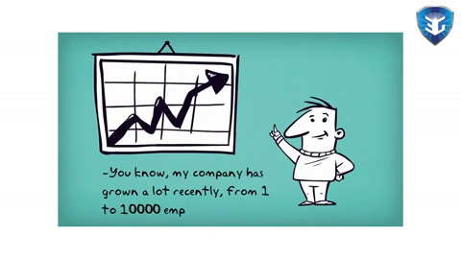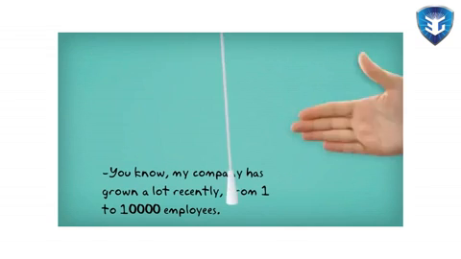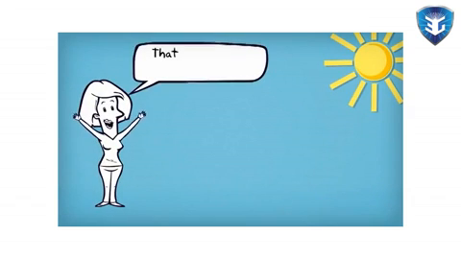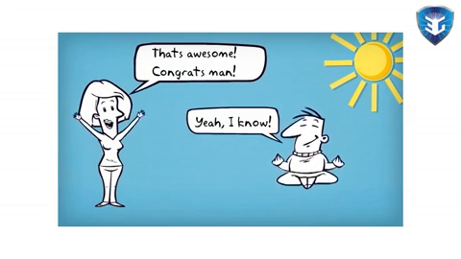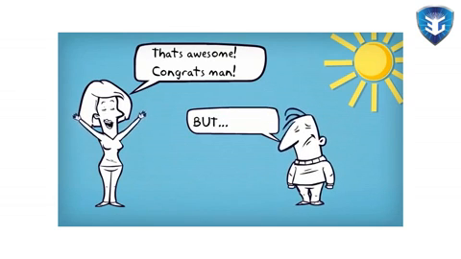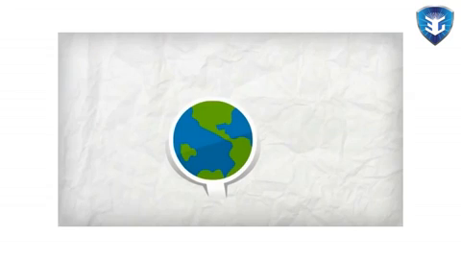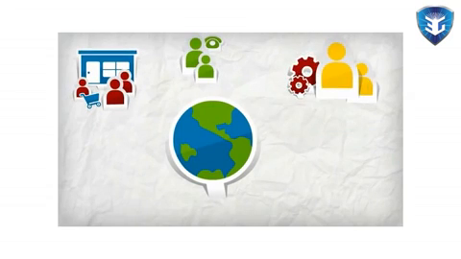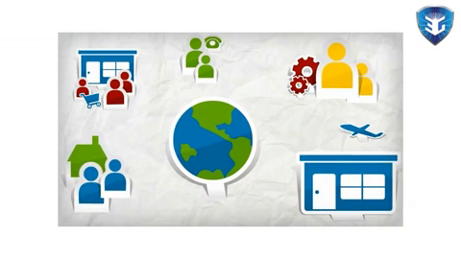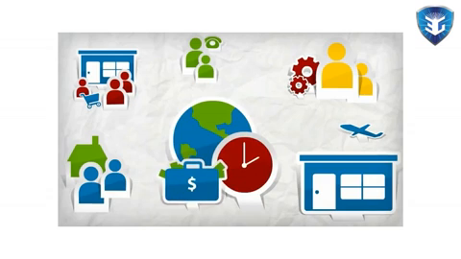You know, my company has grown a lot recently, from 1 to 10,000 employees. That's awesome! Congrats, man! Yeah, I know. But the company is spread out and the fast-changing markets and more demanding customers put pressures on my company to develop innovative and better products faster and at a lower cost than before.